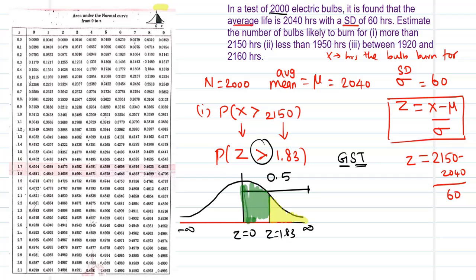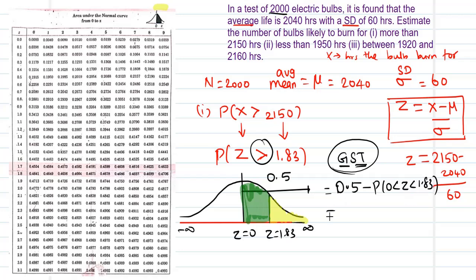So when I subtract the 0 to 1.83 from my half area value, I will get this required area value. So this is going to be the probability of z greater than 1.83. It is GST: from 0.5 subtract the probability of 0 less than z less than 1.83.